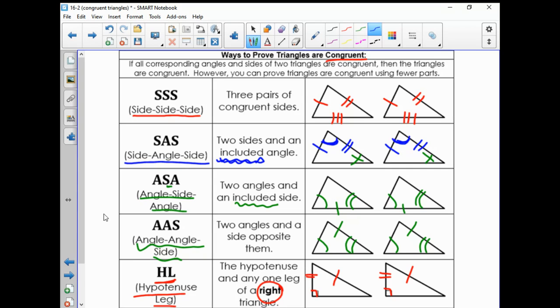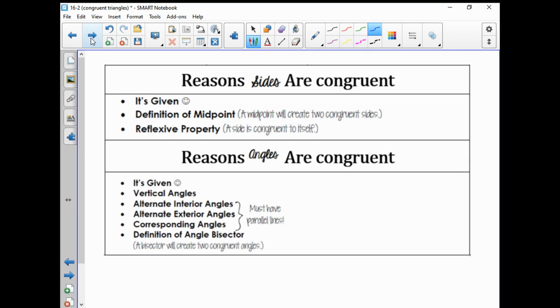All right, now before we go into the other example, most of the time they're not going to just draw triangles like this. They're going to make you work for it. So basically they'll draw you a picture. Sometimes they'll give you bits of information. They can either tell it to you in words or show it to you with the tick marks on the lines.